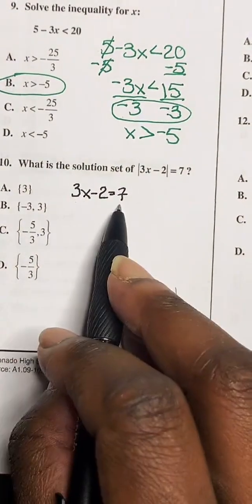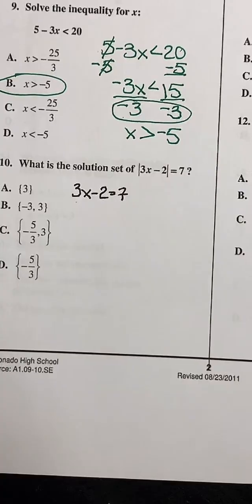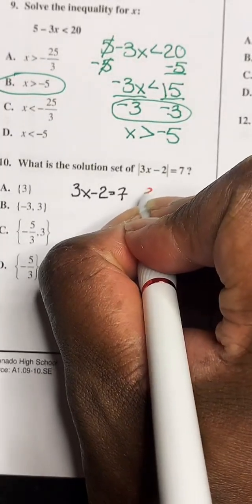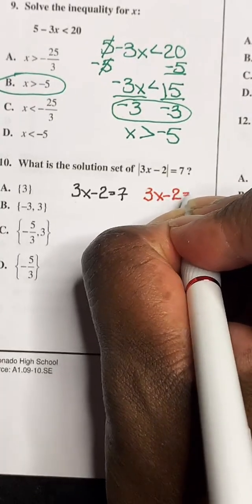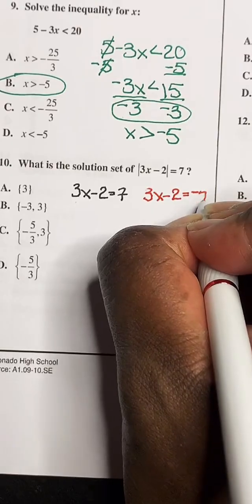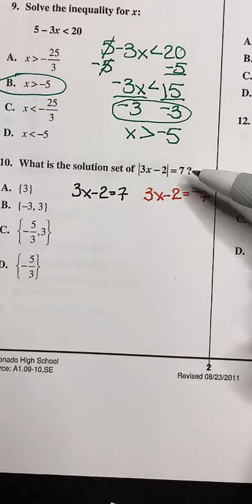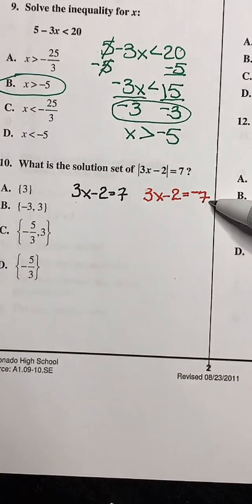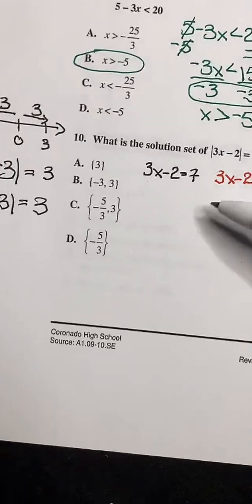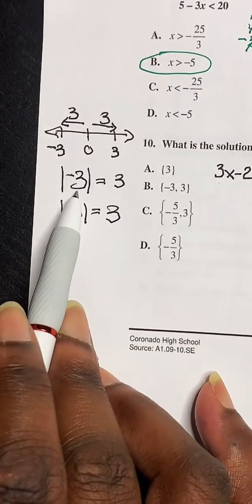The first time I write it without the absolute value. For the second equation, everything inside the absolute value will be exactly the same, but we're going to set it equal to negative 7. If the original has a negative 7, no solution, but we are making it negative 7 because it's representing the negative 3 that would be inside the absolute value.